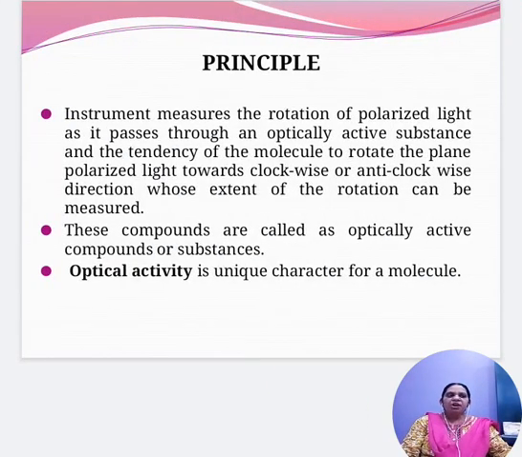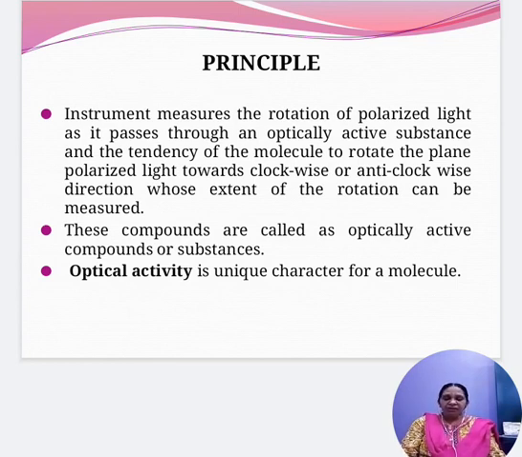The principle of polarimeter. What is the principle? The polarimeter instrument measures the rotation of the polarized light as it passes through an optically active substance, and the tendency of the molecules to rotate the plane polarized light towards clockwise or anti-clockwise direction, whose extent of rotation can be measured.